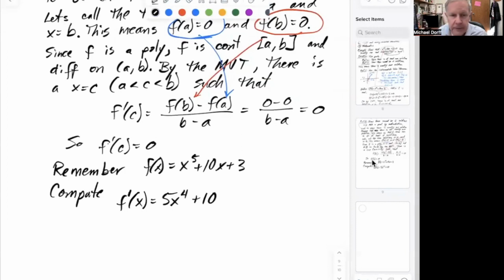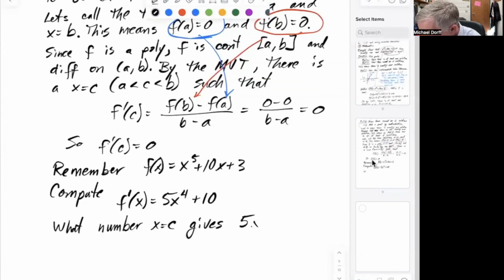Now there has to be a real number c such that 5x to the fourth plus 10 evaluated at c equals 0.